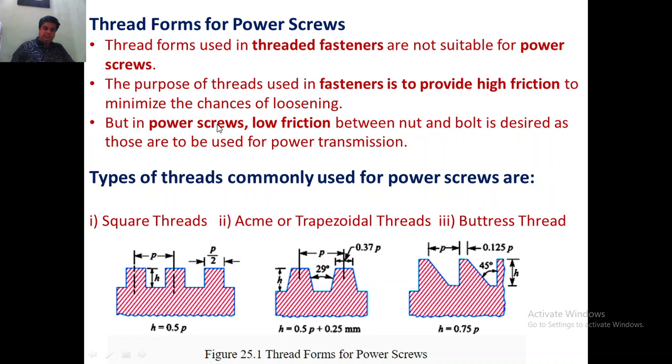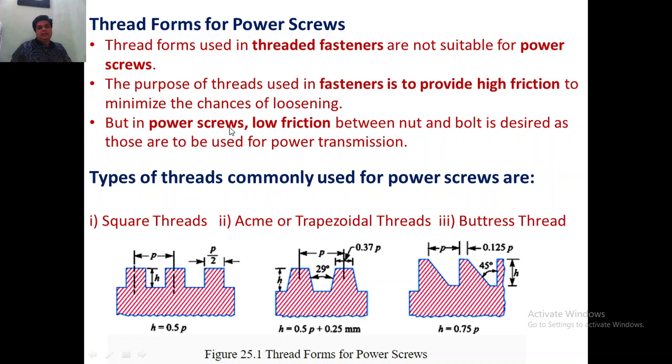Whereas in power screws the requirement is low friction, because we have to hold the load or transmit the forces or power. So low friction is used in power screws between the nut and the screw. That's the main difference between threaded fasteners and power screws.